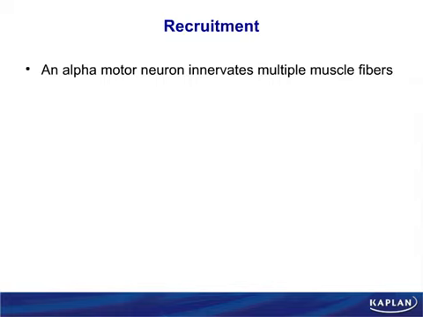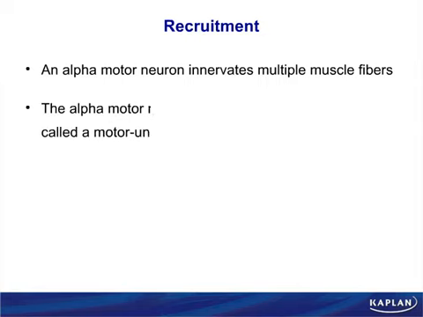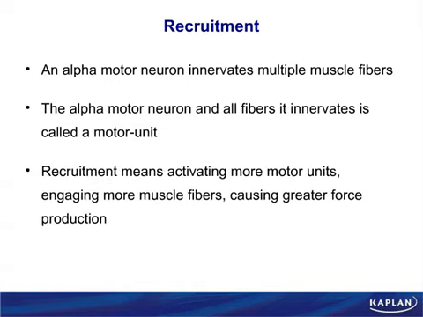The second way to increase force is recruitment. Now, by definition, an alpha motor neuron innervates multiple muscle fibers. And the alpha motor neuron and all the fibers that it innervates is called a motor unit. So if I recruit more motor units, which means I start activating more motor units, this engages more muscle fibers and in turn causes greater force production.